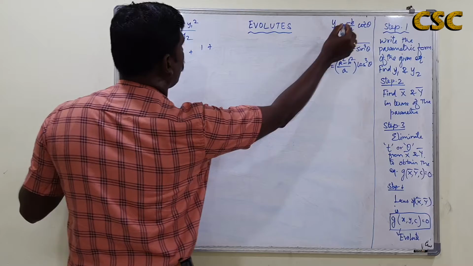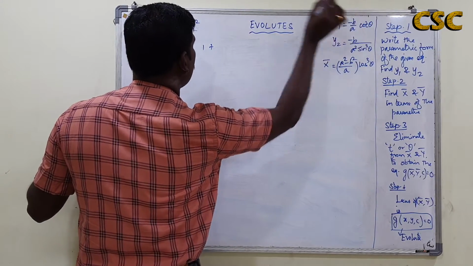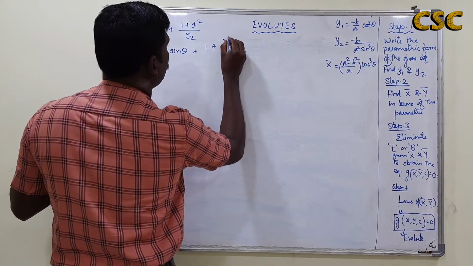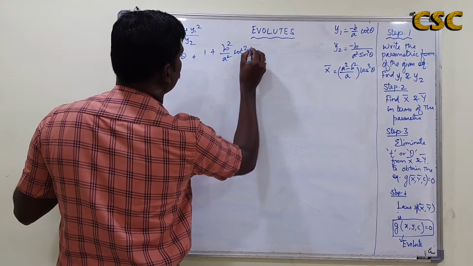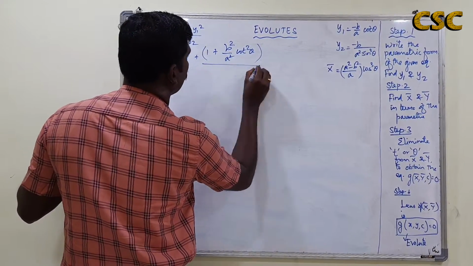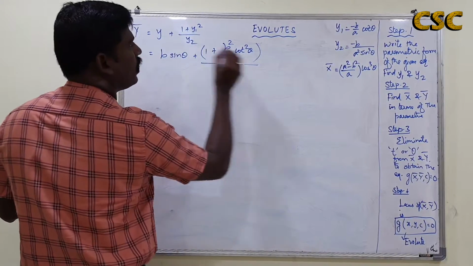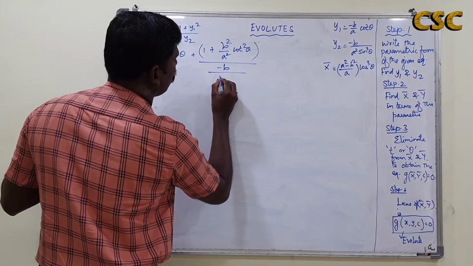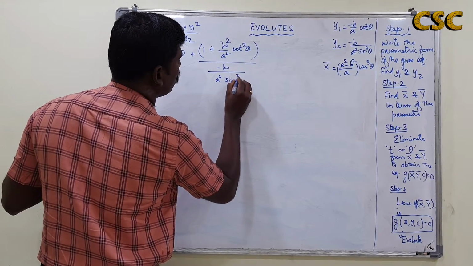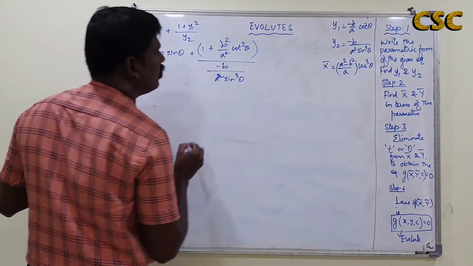So square, this minus will become plus when we are taking square. So b square by a square cot square theta, divided by y2. What is y2? Minus b by a square sin cube theta, isn't it?